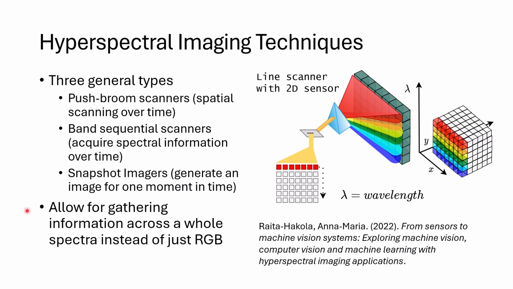And so these allow for gathering information across a whole spectra instead of in just the RGB that's typical with RGB sensors or cameras. So this effectively is taking in a light source and spreading it out over the entirety of a sensor, ranging from the highest wavelength to the lowest wavelength. In this particular design, a push broom scanner was used.